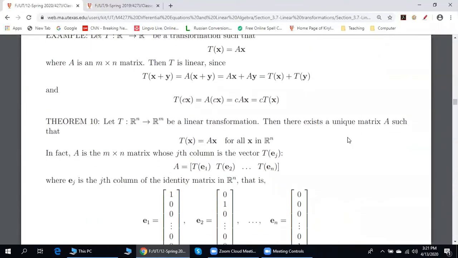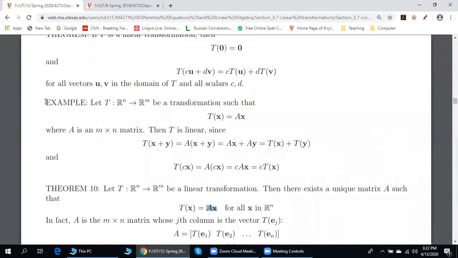Now, theorem 10 is of great importance. We prove the following result. Suppose we have some linear transformation from Rn to Rm. Theorem 10 says that any linear transformation can be written as Ax.